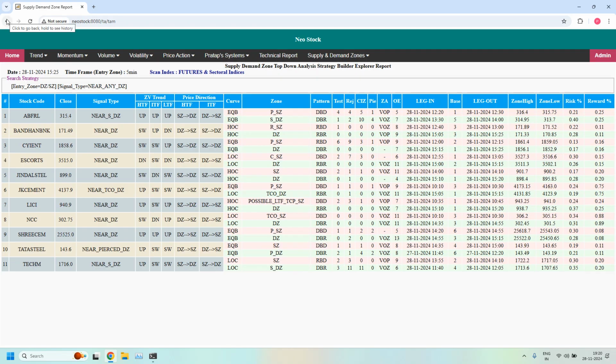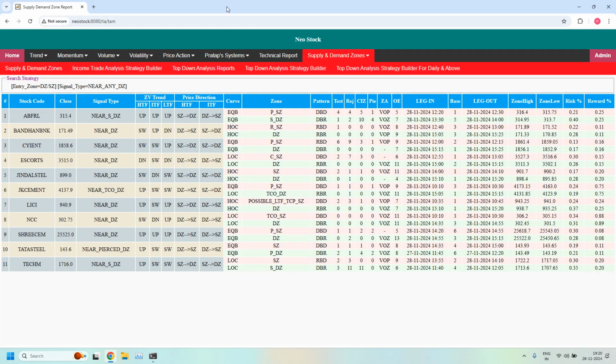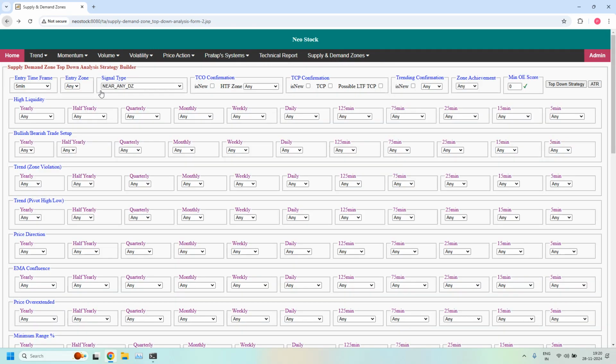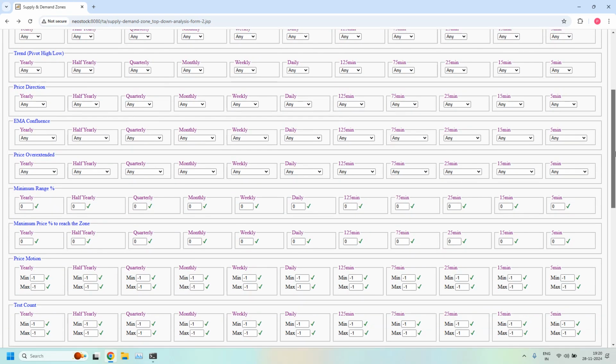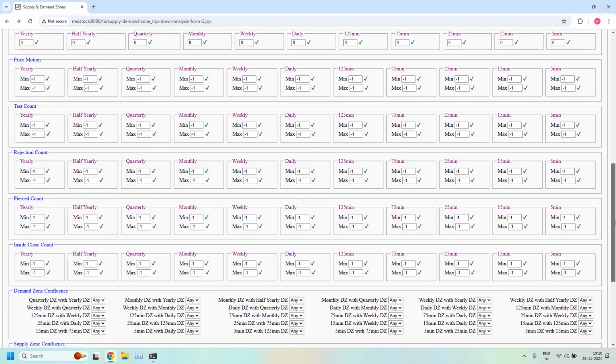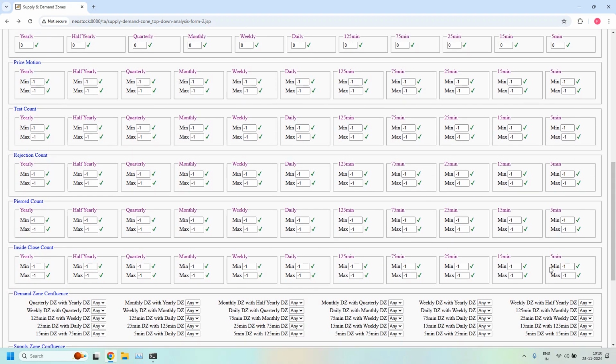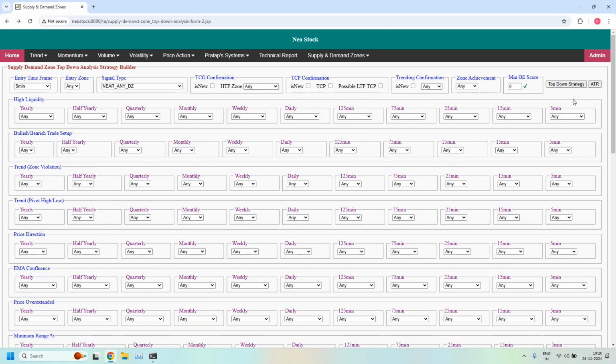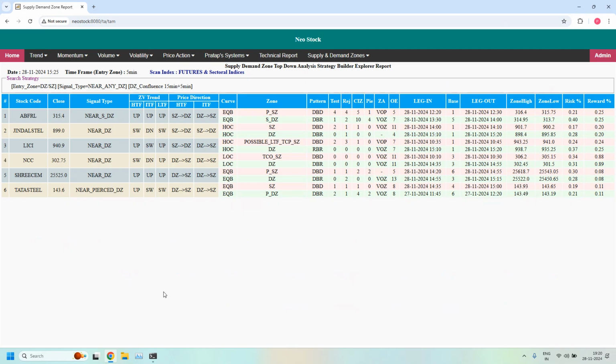That is 5 minutes demand zone with 15 minutes demand zone confluence. So with this filter, 6 stocks are filtered. Some of these 5 minutes demand zones are pierced zones. You have to ignore them.